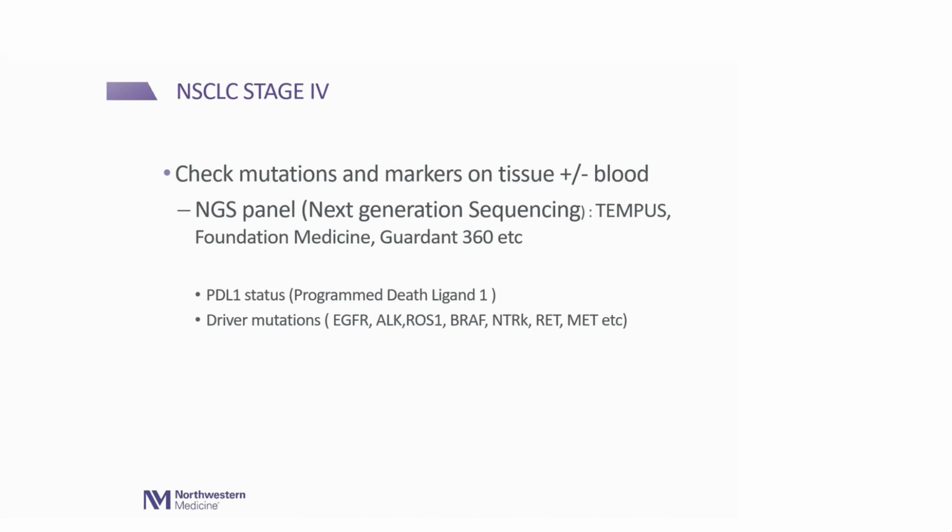These are basically genetic changes, molecular changes and markers that we see on the cancer cells. That'll help us decide and dictate a tailor-made, individualized treatment for that particular individual.